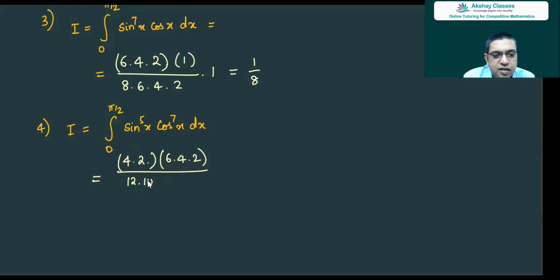Keep reducing: 10, 8, 6, 4, 2. Multiplied by 1 because both of the powers are odd. 6, 4, 2 cancels, 6, 4, 2 cancels. 4 times 2 is 8. That cancels the 8 in the denominator. So we are left with 1 upon 120.